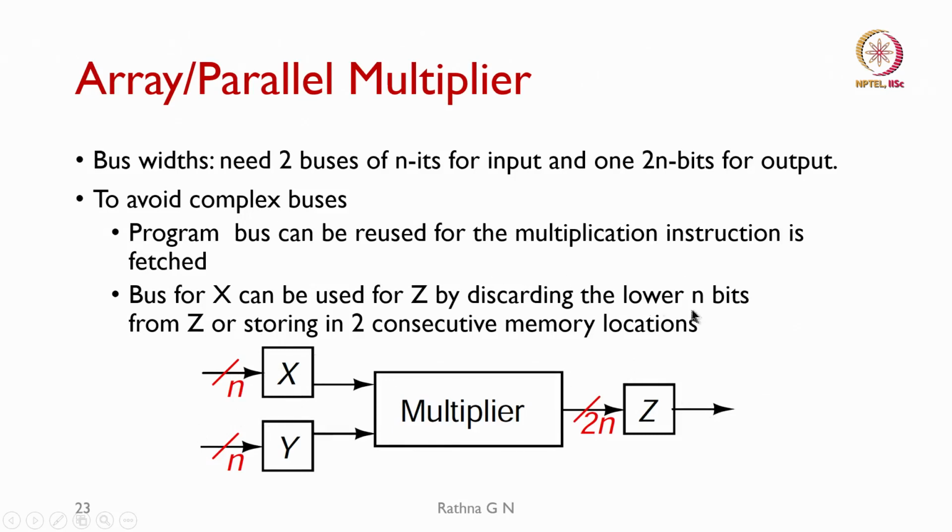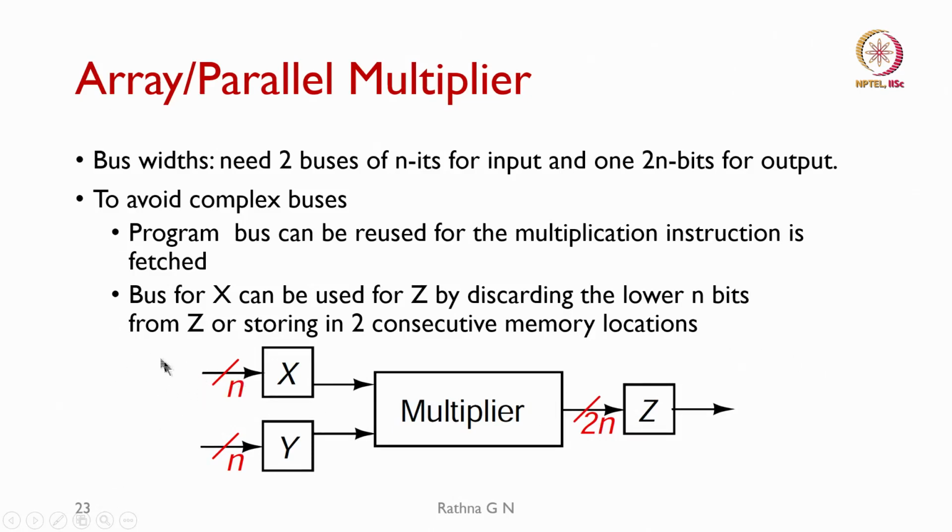That means discarding the lower n bits from z, or storing in 2 consecutive memory locations. If we want to store the 2n-bit output in memory, it is going to take twice the memory requirement. And for computation loading, when we have to load 2n bits, I will not be able to load them in one shot.